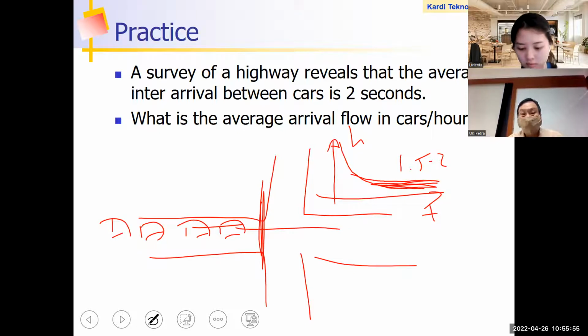That is the actual. This is called saturation flow. That means if the traffic signal is actually green the whole hour, imagine that, this is an abstraction, with that 2 seconds you will pass only 1,800 cars per lane.